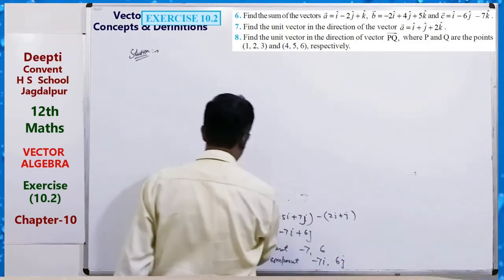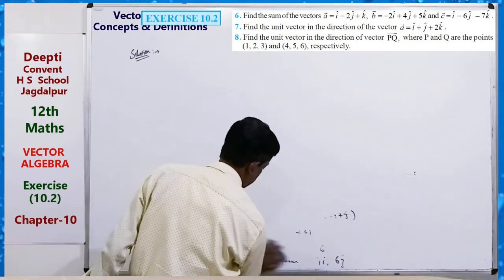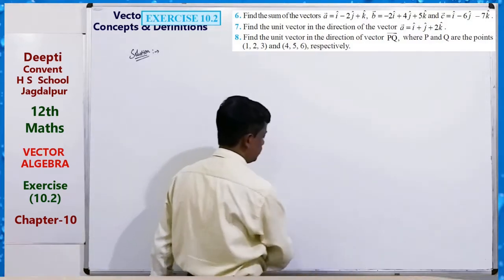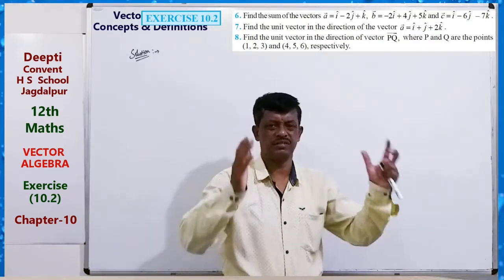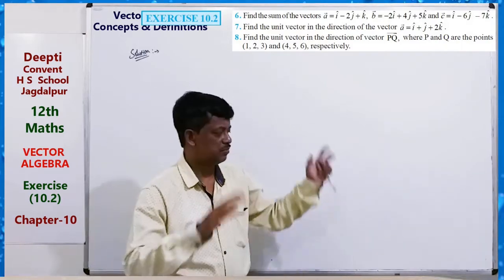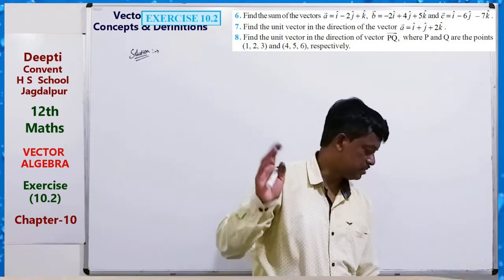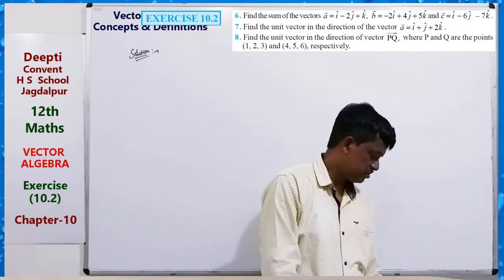Question 6 is simple, you can do it. Only sum it: they have given 2, 3, 4 vectors, just add them up, taking the coefficients of i, j and k to get the sum.